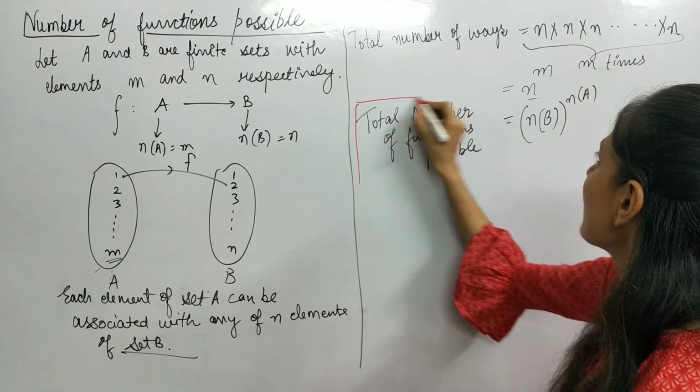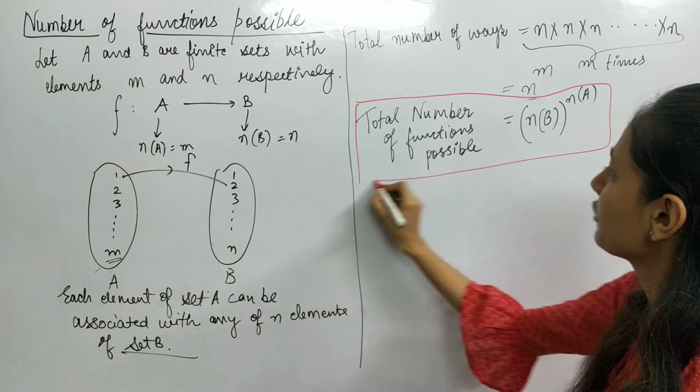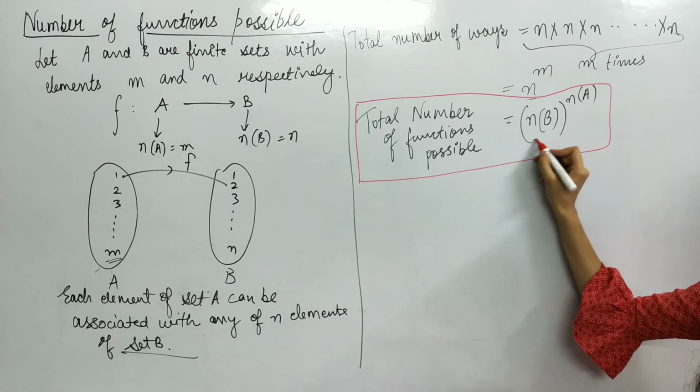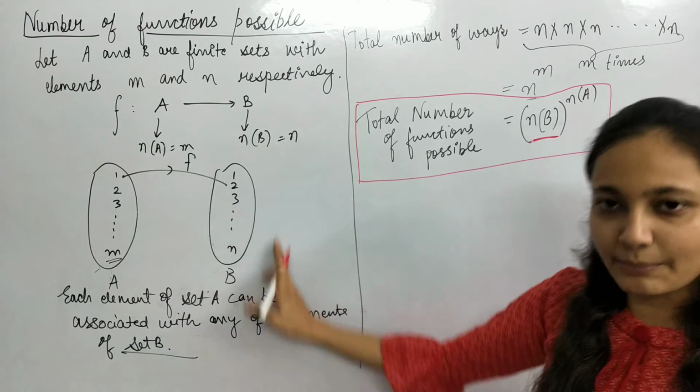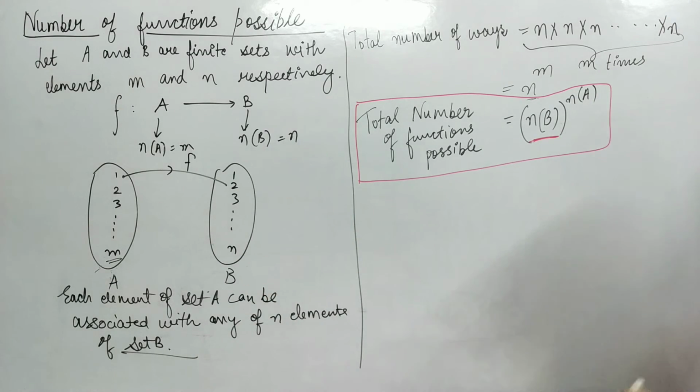So this is the formula for the total number of functions from set A to set B. We have to write the number of elements in set B raised to the power of the number of elements in set A.